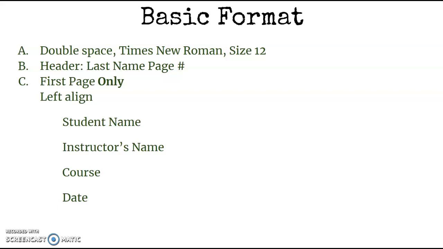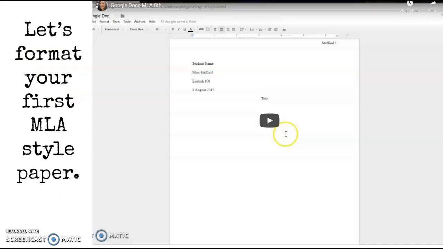On the first page only, on the left side of the essay, you will type your name, your instructor's name, the course, and the date. Let's format your very first MLA style paper.